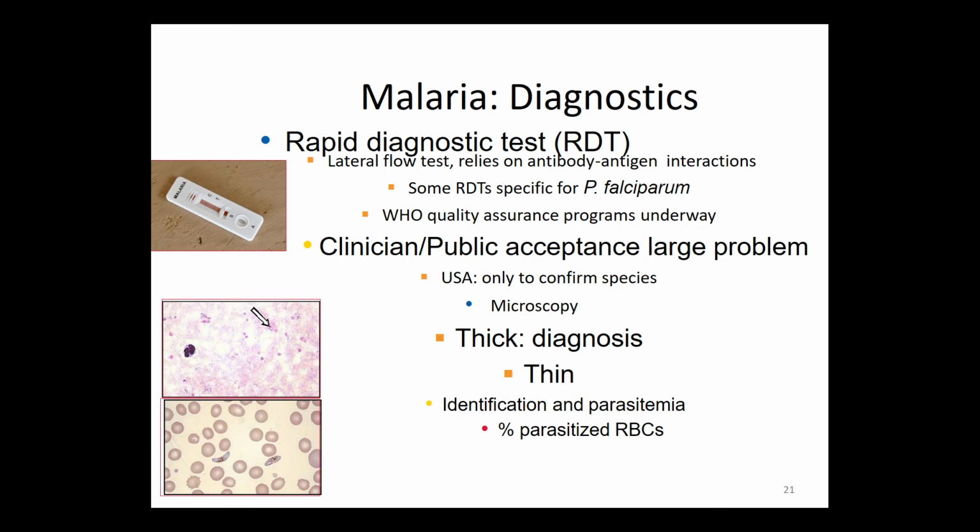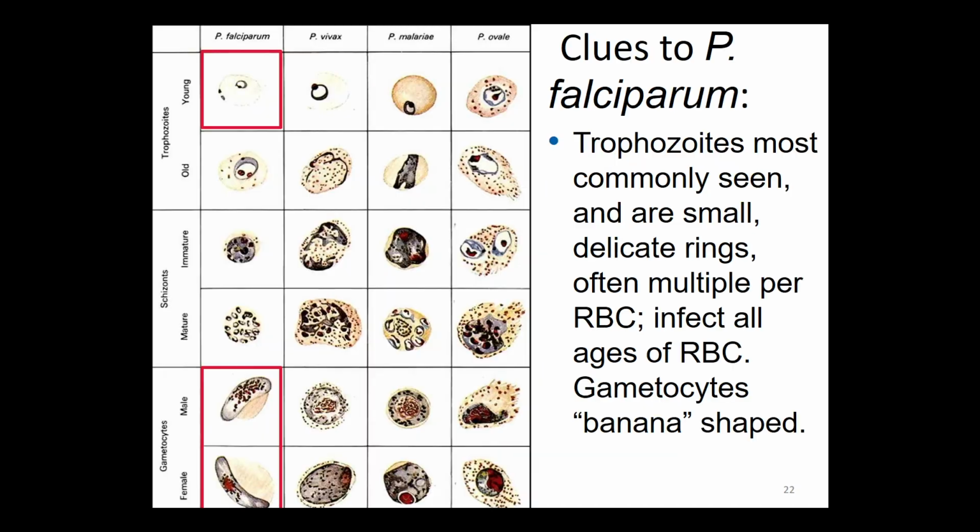Placement of parasites in RBCs. Clues to falciparum: trophozoites are most commonly seen and are small, delicate rings, often multiple per RBC. It infects RBCs of all ages. Gametocytes are banana-shaped. So in other forms of malaria, you will see young trophozoites, old trophozoites, immature and mature schizonts, and then gametocytes, all in peripheral blood.